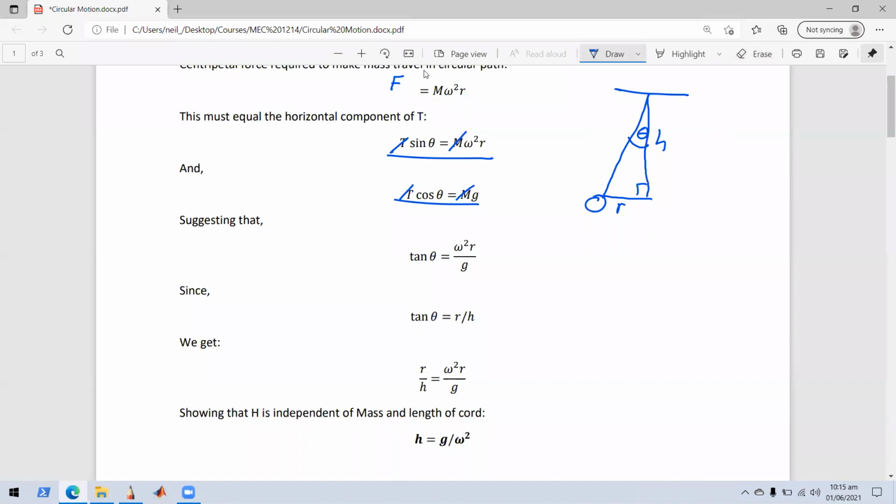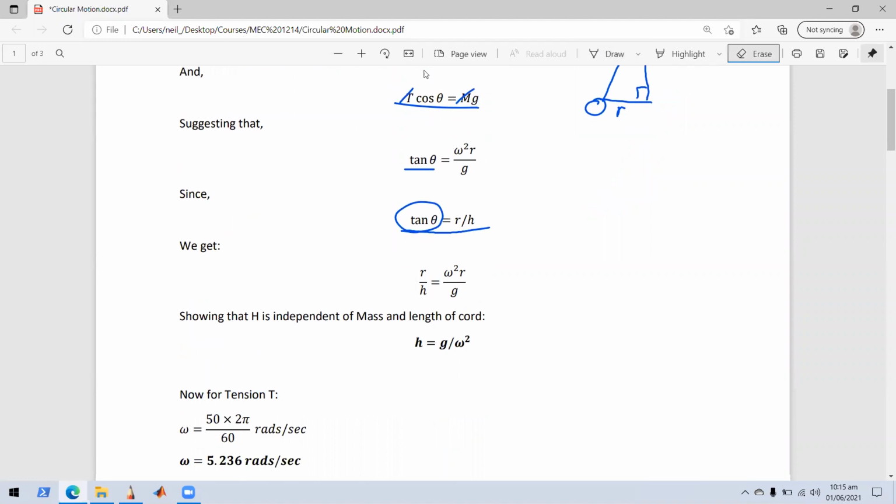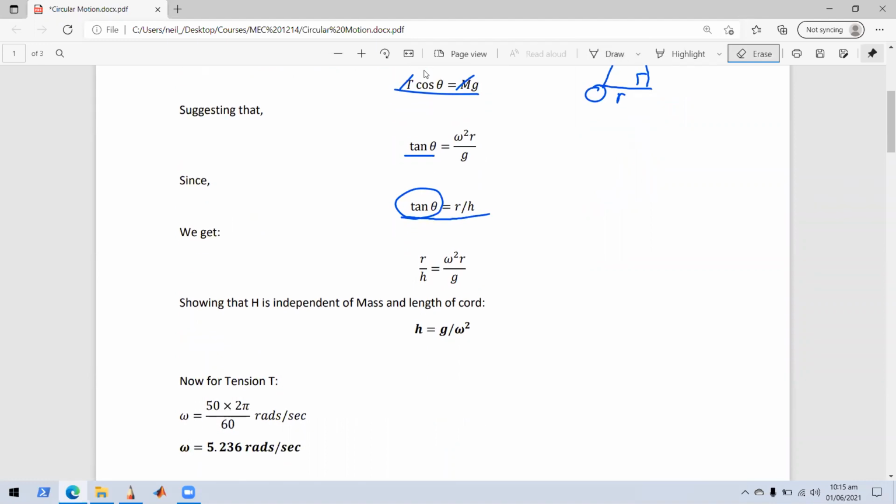So if this is tan theta and this is tan theta as well, then we can equate the two. Equating the two, we get r upon h is equal to this thing we just found, omega squared r divided by g.